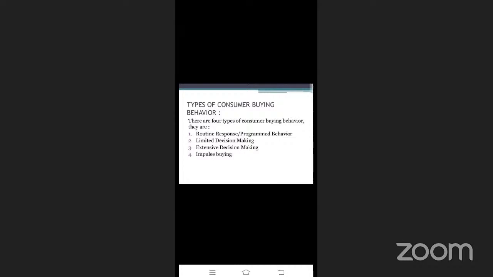So these are the 4 different types of consumer buying behavior. Have you noted it? There are 4 types of consumer buying behavior. One is routine response or programmed behavior, then limited decision making, extensive decision making, impulsive decision making.